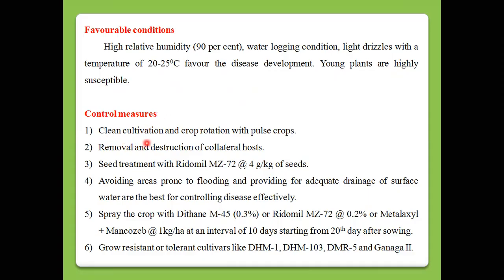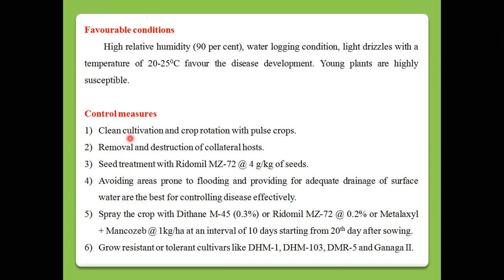First one, clean cultivation, because primary infection takes place through oospores present in soil. After harvest of the crop, the infected leaf or infected ear head of the maize may fall on the soil. At the time of the plowing operation, these infected plant debris go into the soil.